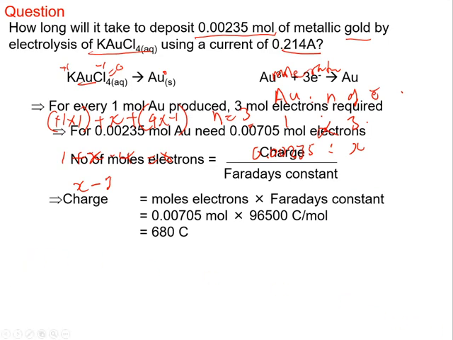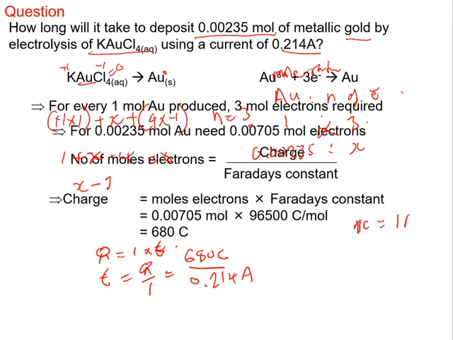From our previous equation, we know that Q is equal to I times t. What we are looking for is t. So t is equal to Q divided by I, which is 680 coulombs divided by I, the current, which is 0.214 amps. From our equation, we know that 1 coulomb is equal to 1 amp second.